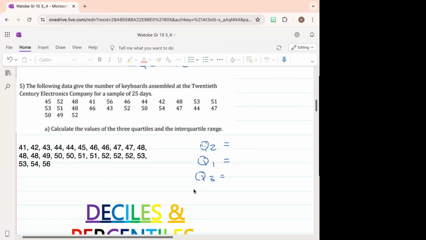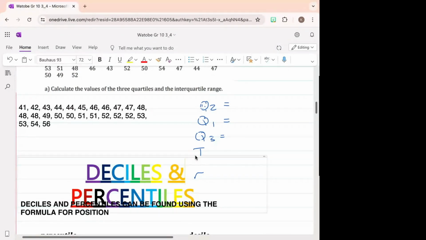The only thing I would always suggest doing is to find the IQR, which is Q3 minus Q1. I would always show the formula for that so that you get full marks.